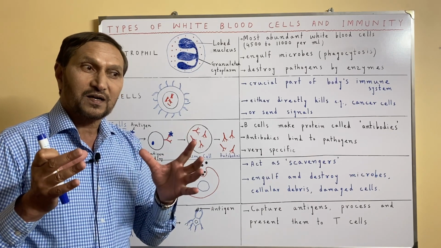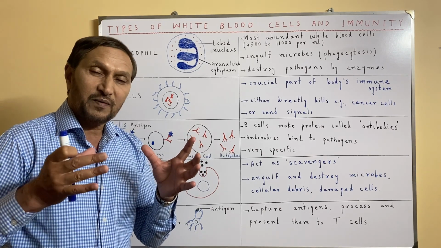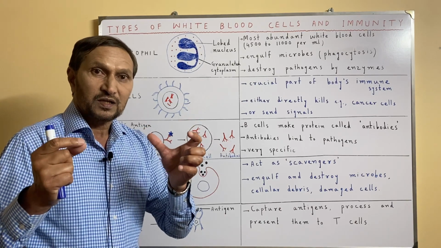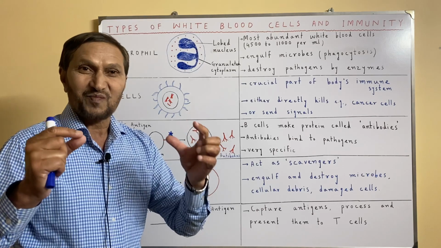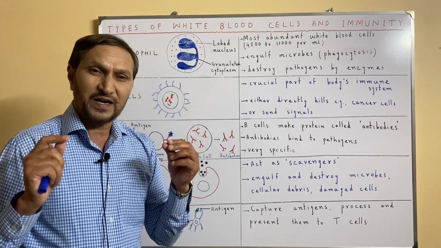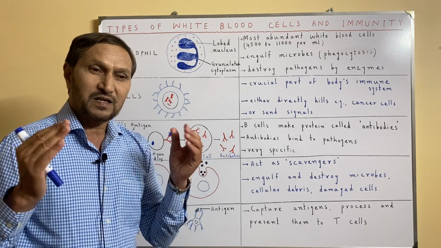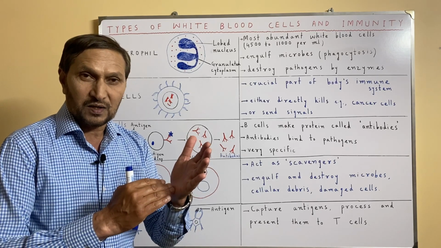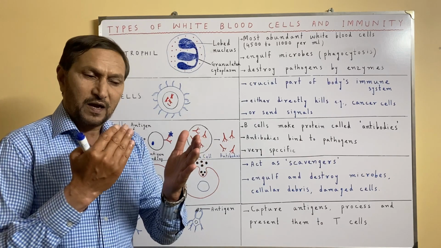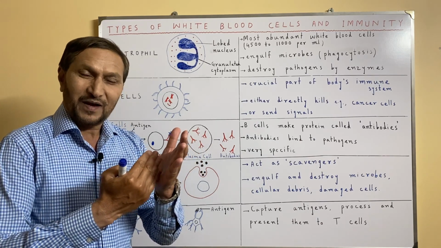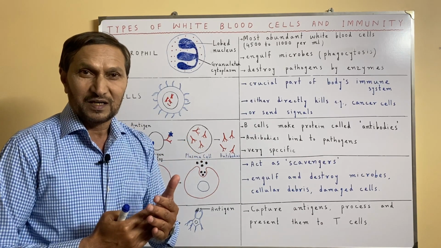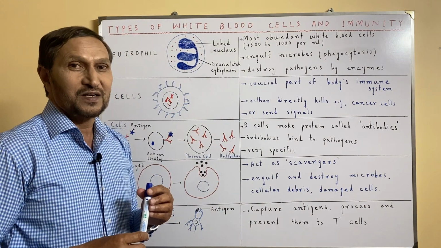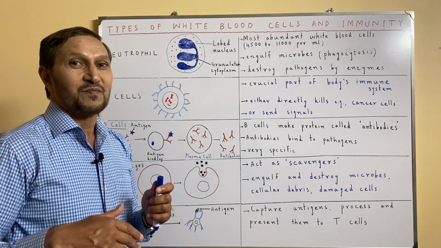These are the physical and chemical barriers which try to prevent the entry of pathogens and microbes into our body. But for instance, if the skin barrier is damaged or cut, the microbes get entry into the body. Then the white blood cells play their role to defend our body against microbes.